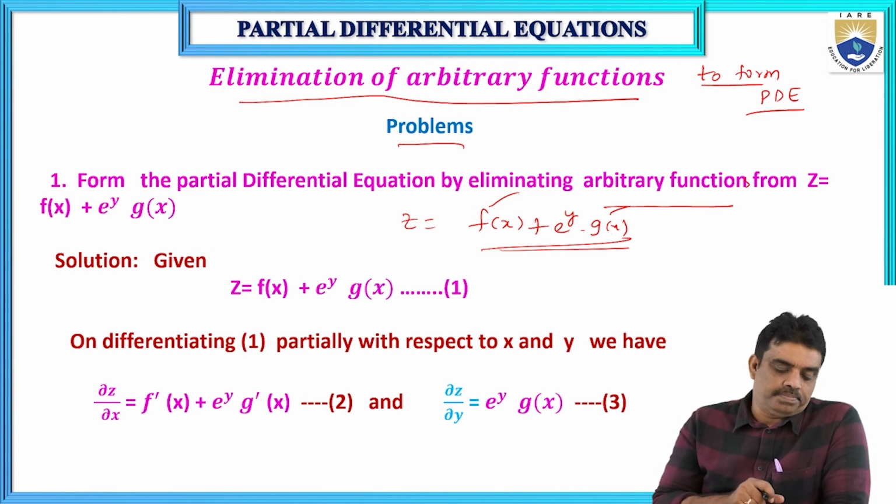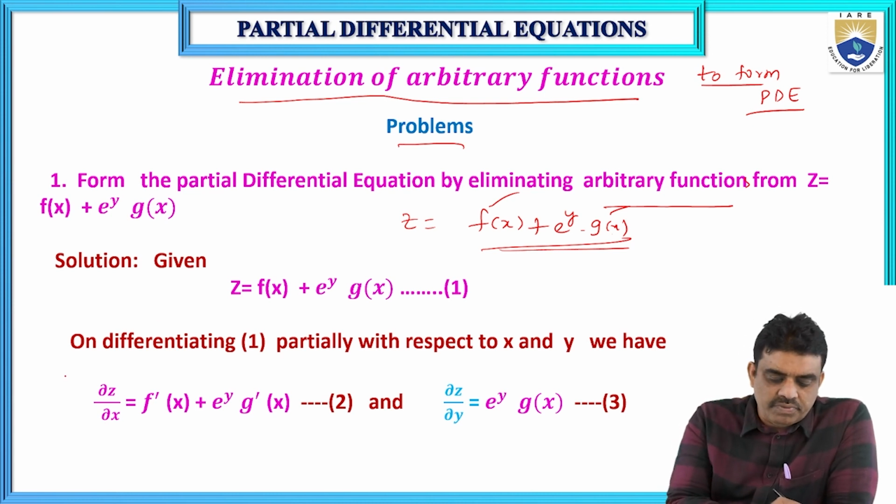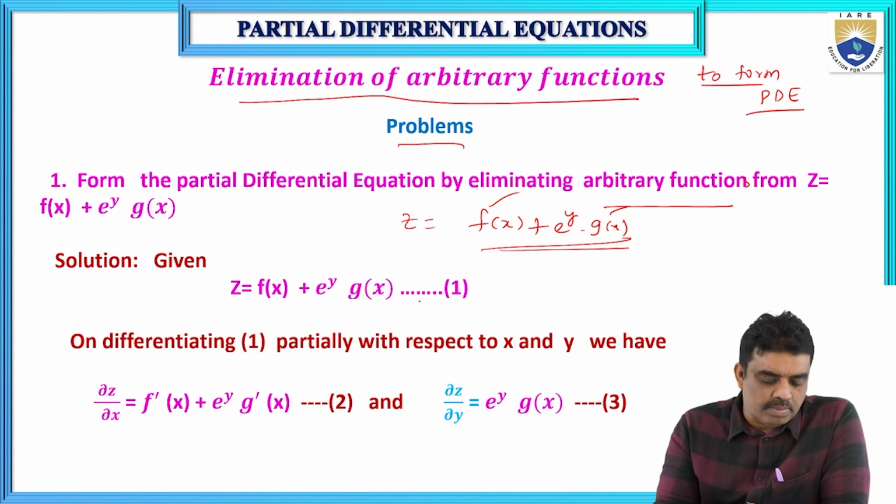You have to form the partial differential equation after elimination. So as usual, differentiate with respect to x and differentiate with respect to y. The given equation is z is equal to f of x plus e power y into g of x. Call this equation number 1.